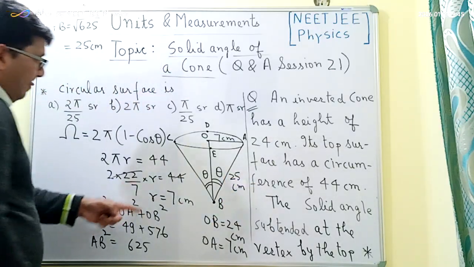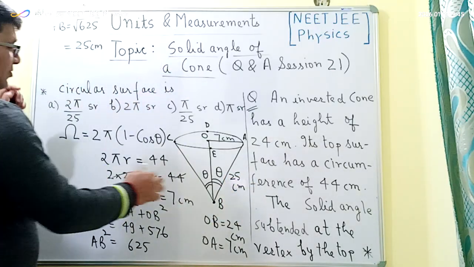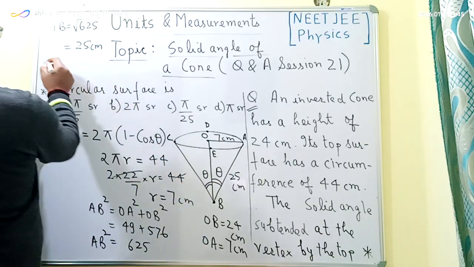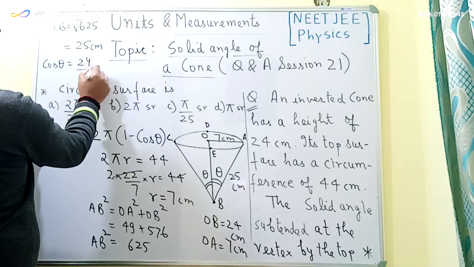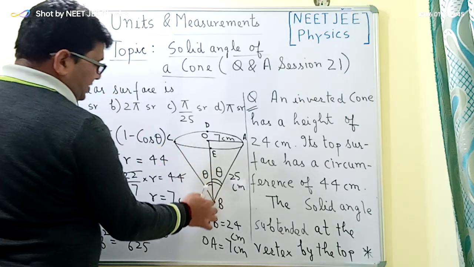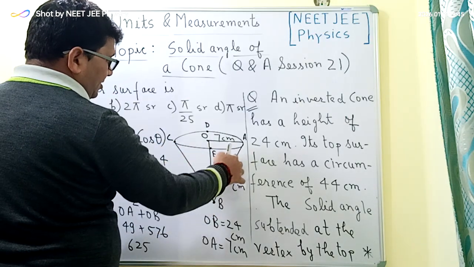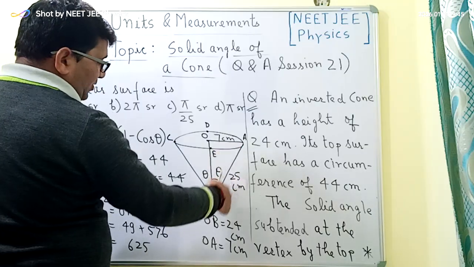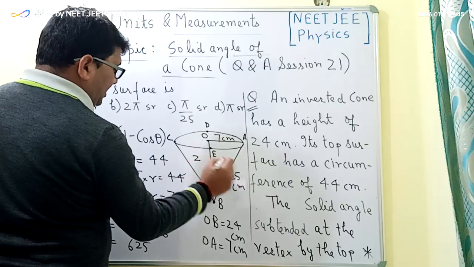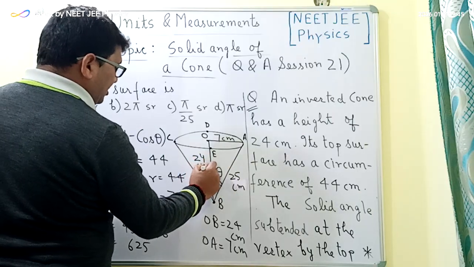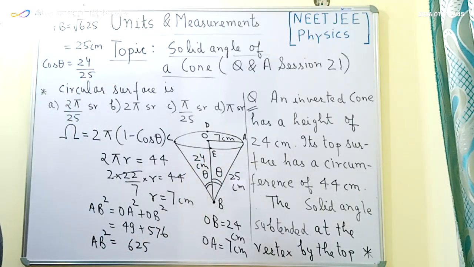From here, cos theta will be equal to base upon hypotenuse. Base is OB, which is 24 centimeter, and the hypotenuse is AB, which is 25 centimeter. So cos theta is equal to 24 by 25.